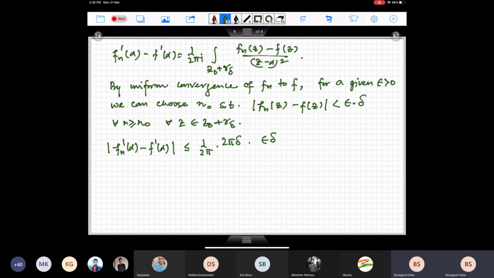So this is less than 1 upon delta square. Just a second, did I do it correctly? Here you can see mod of z minus alpha.